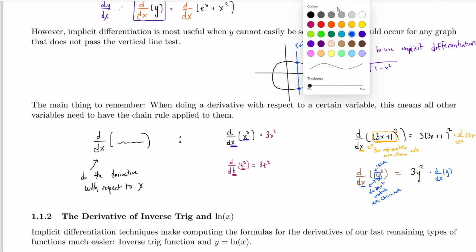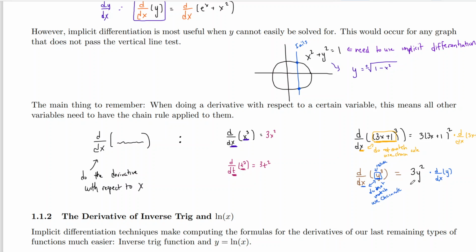So sometimes we write this dy over dx, sometimes we write it y prime. You can write both. The one thing I would refrain from doing is writing it as like f prime of x, because we're not giving this a name, it's just y. So either dy over dx is the way I would think about this derivative, or equivalently, if you prefer y prime, 3y squared times y prime.